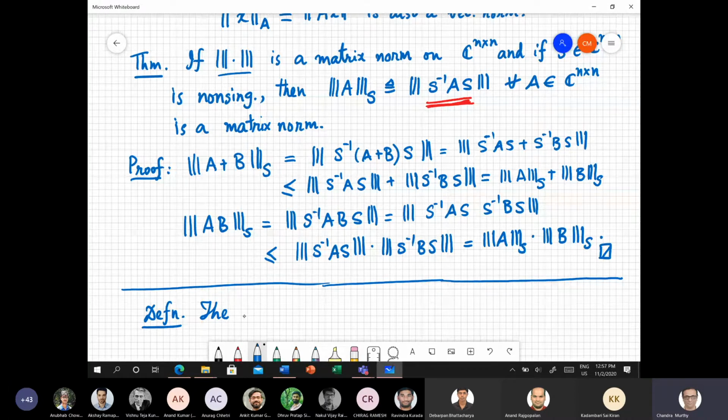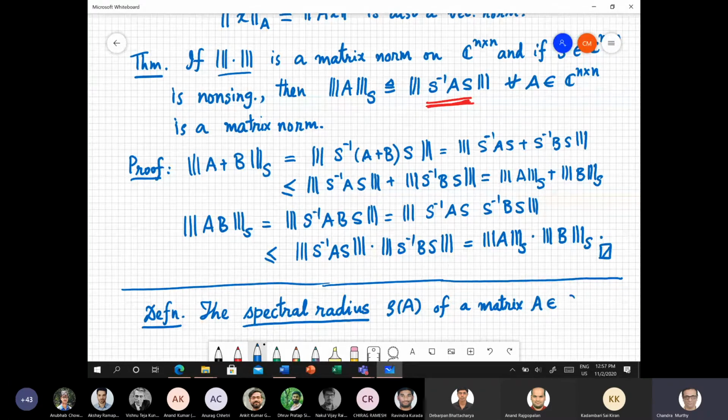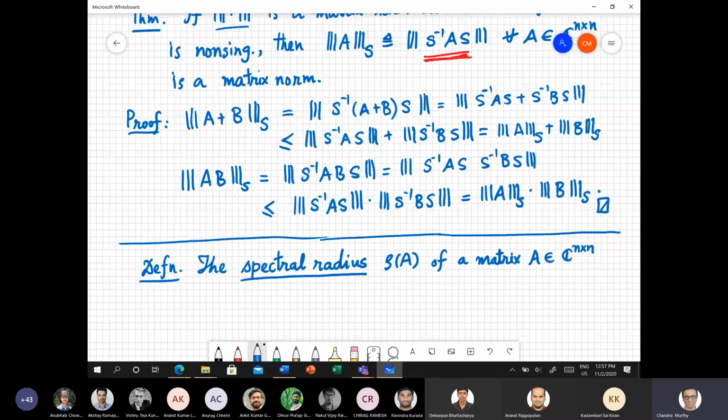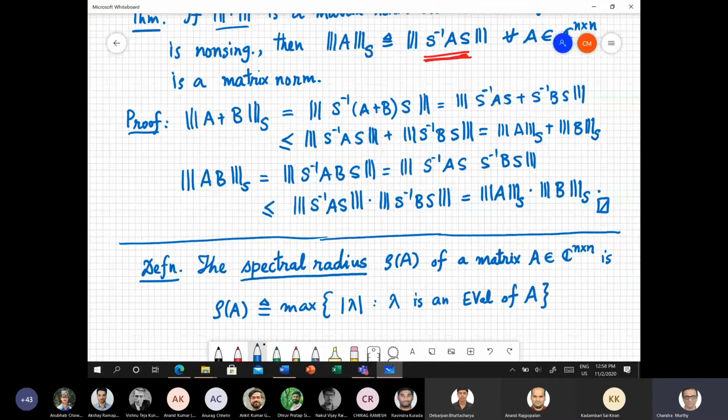Okay, so the spectral radius. Rho of A of a matrix is the maximum of mod lambda such that lambda is an eigenvalue of A. So this is the definition.